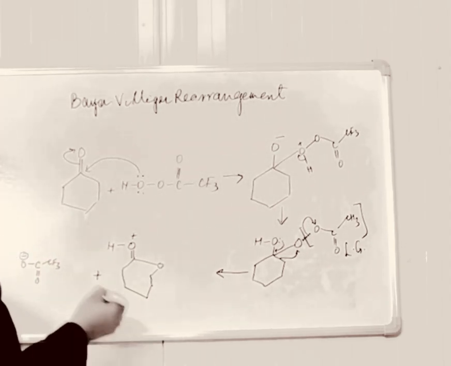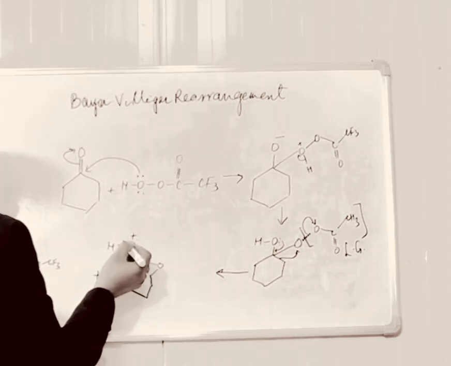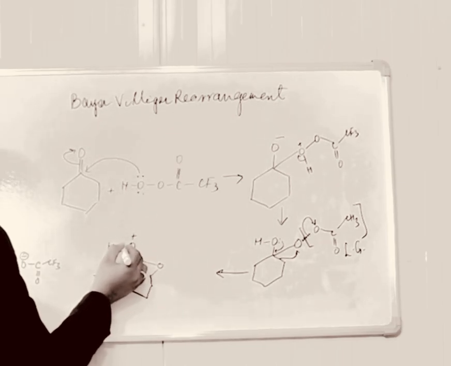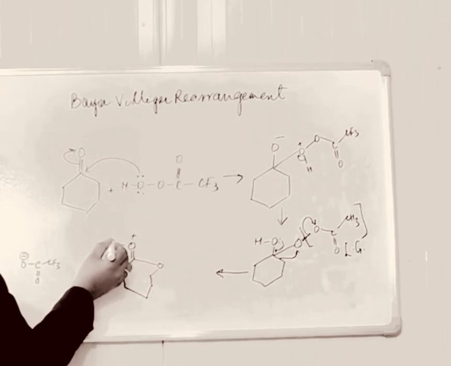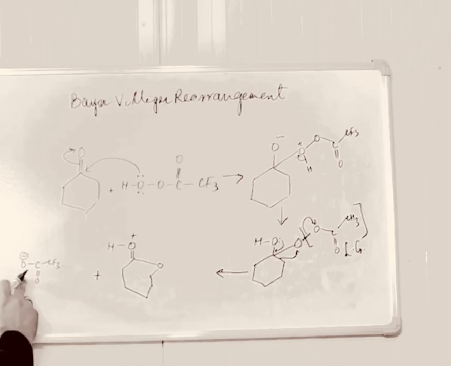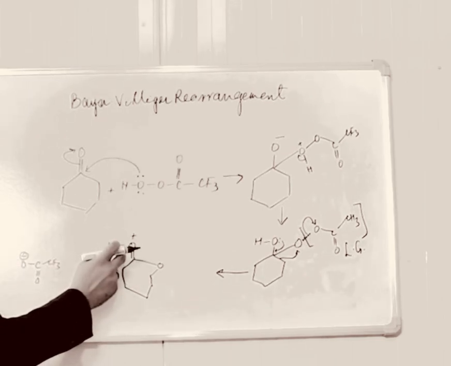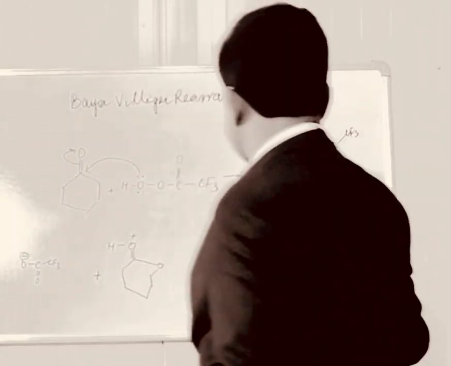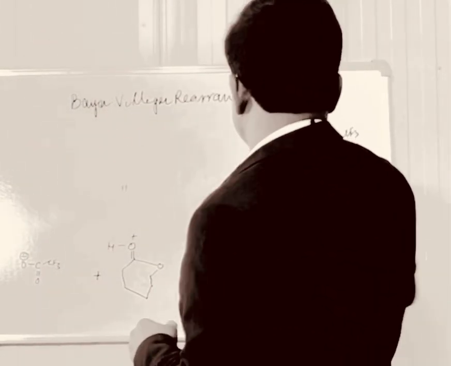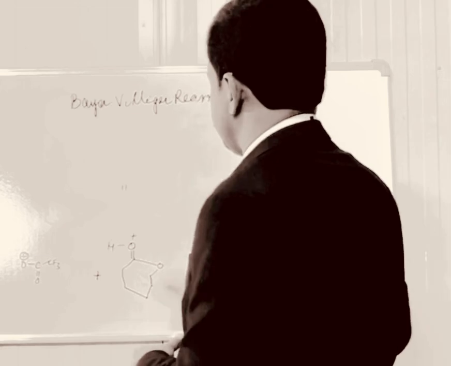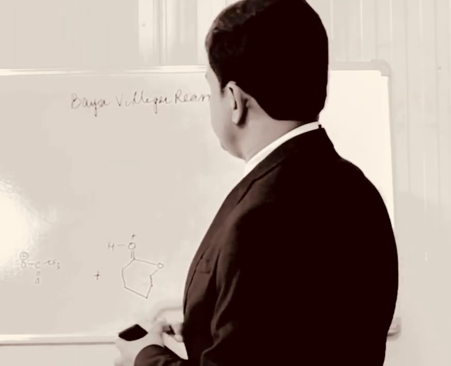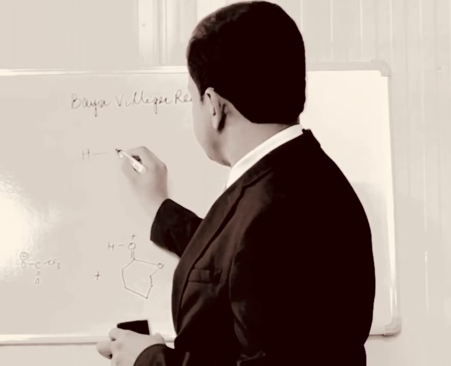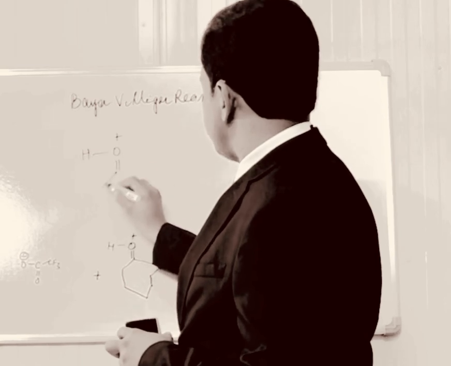And in the next step, this hydrogen goes to here. This hydrogen is abstracted by this compound and a simple product is formed like this. In this step, we have a case like O positive, double bond and this one.